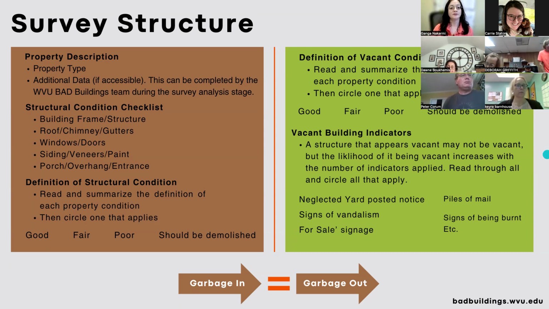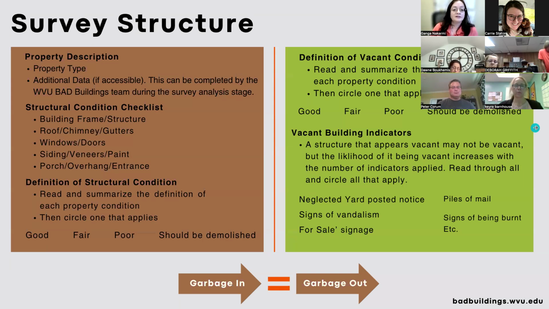Then we will do the structural conditions of the buildings. In this section, we look at building frame and structure, roof, chimney, gutters, windows and doors, siding, veneers and paint, and porch overhangs and entrance. What they look like while we do the survey is covered in this section.